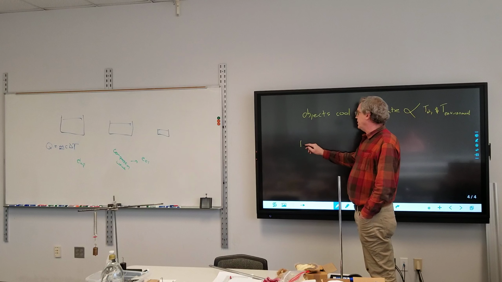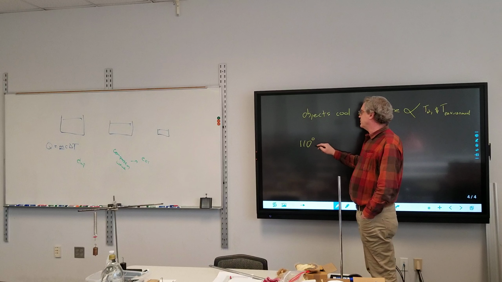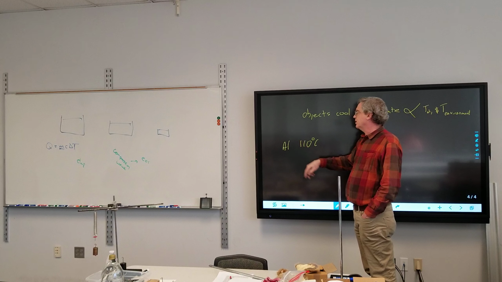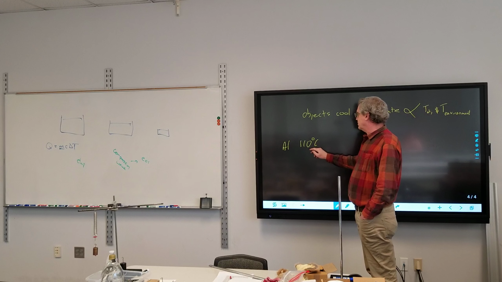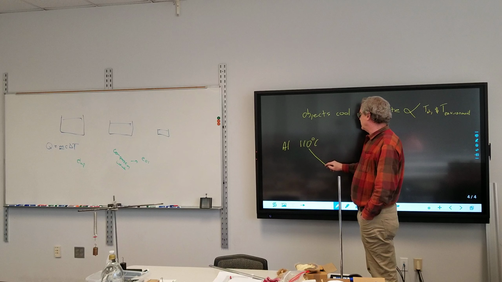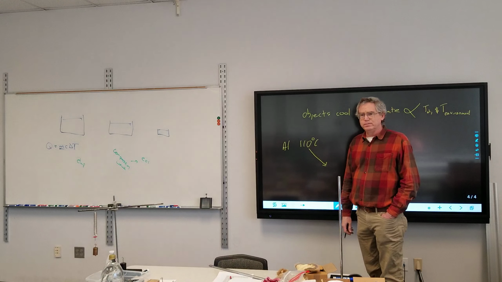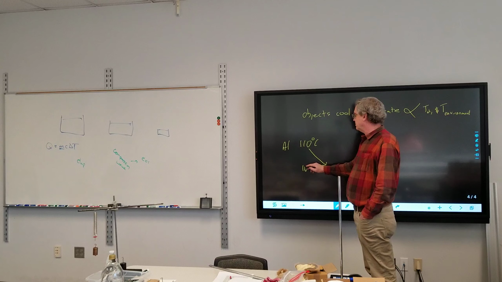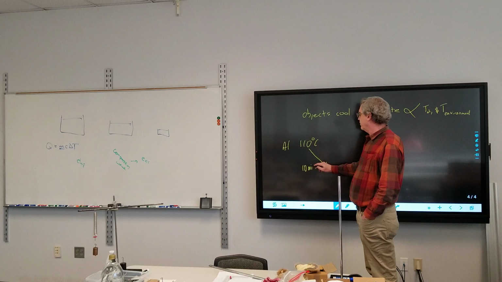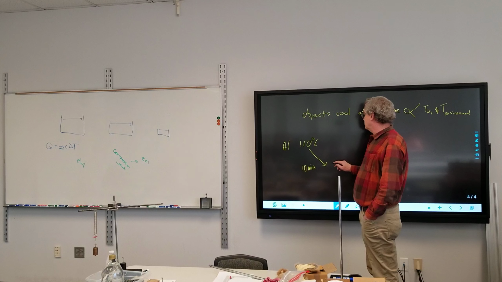So if I have something at 110 degrees Celsius, we'll just say I've got an aluminum block, 100 degrees Celsius, and I stick it into a very large room, and after 10 minutes, it is now 90 degrees Celsius.